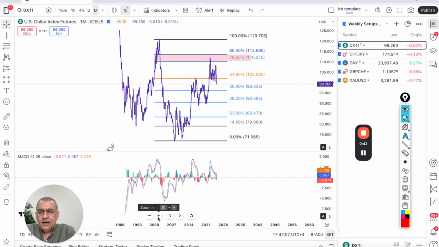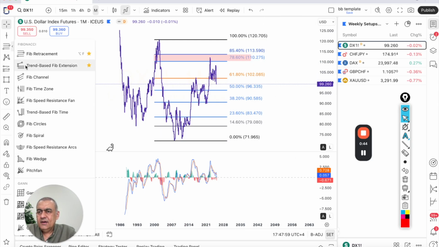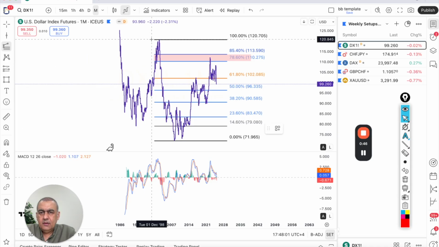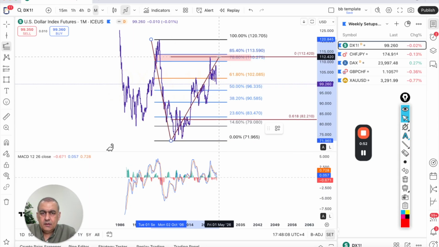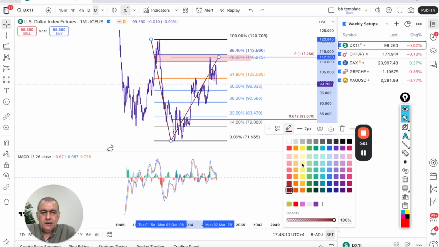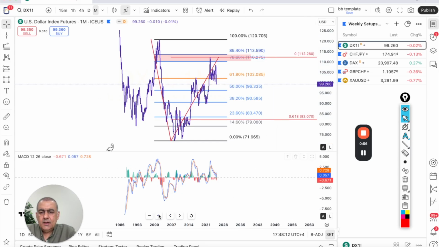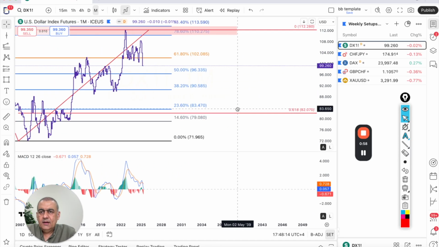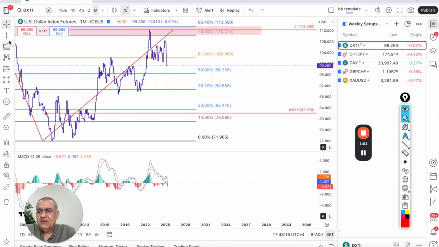Let's add the Fib extension in the downward direction. So this is the first ABC applied in the bearish direction, and now I will zoom in and apply the second ABC.